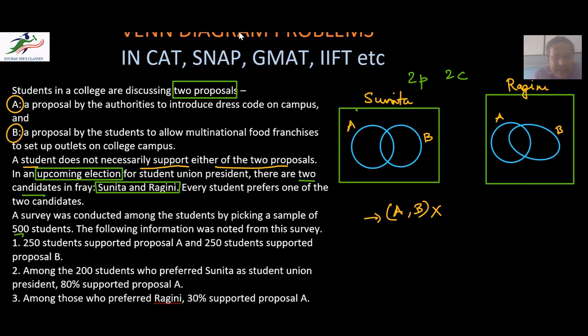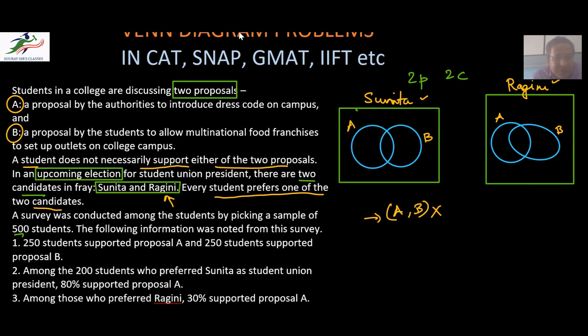Then it says every student prefers one of the two candidates. That means Sunita and Ragini together will make up the total number of students. And obviously, no student will support both. So that is understood.